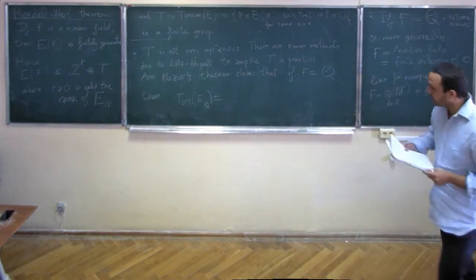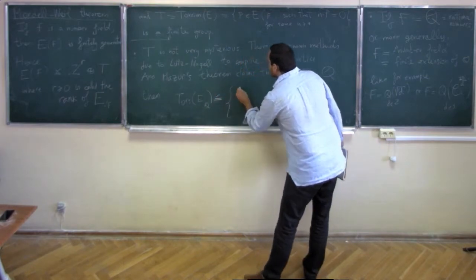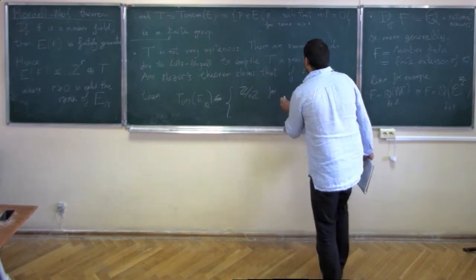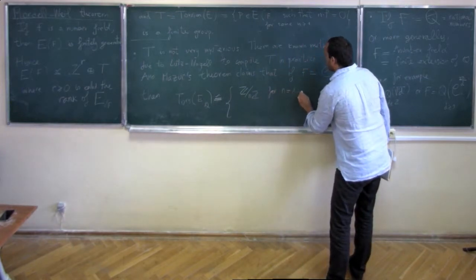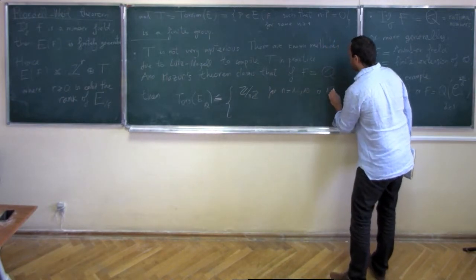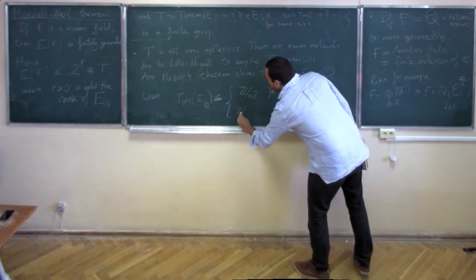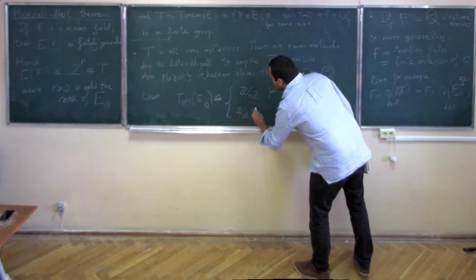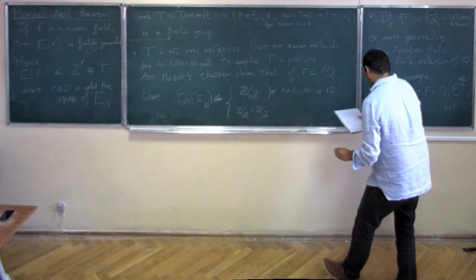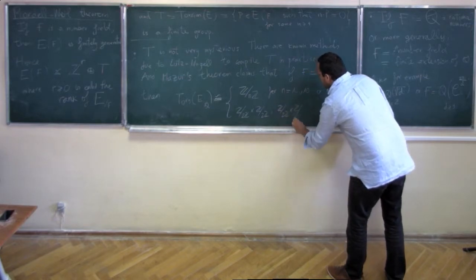Namely, it's either isomorphic to Z mod n for n equal to 1 up to 10 or 12, or it can be isomorphic to two copies of Z mod 2, Z mod 2 times Z mod 4.